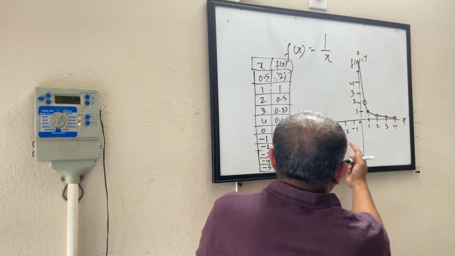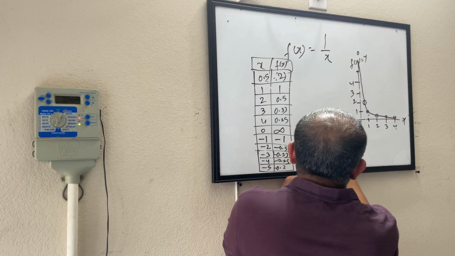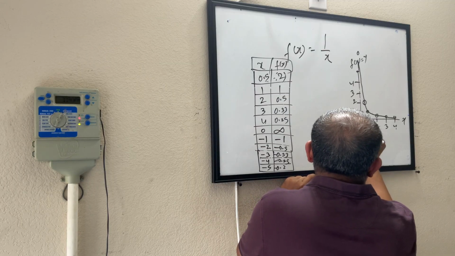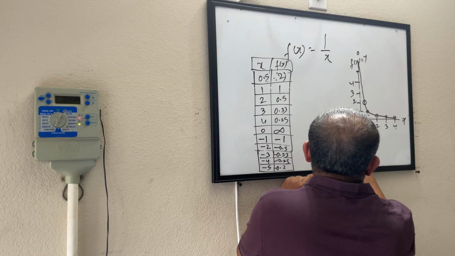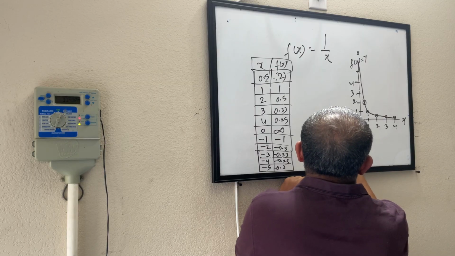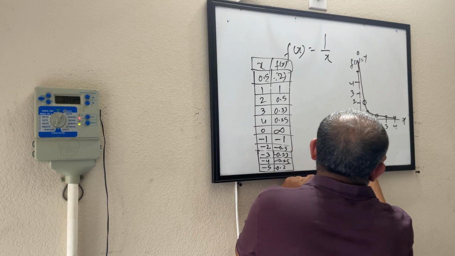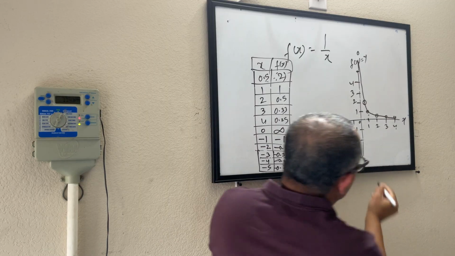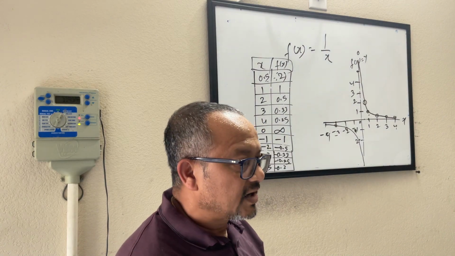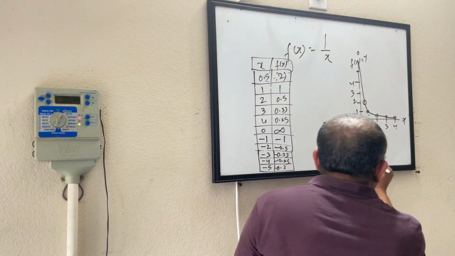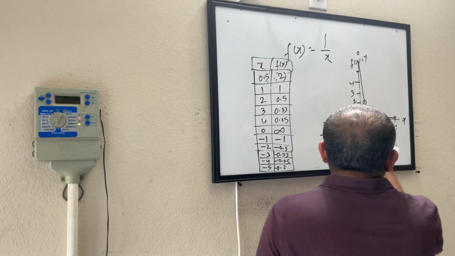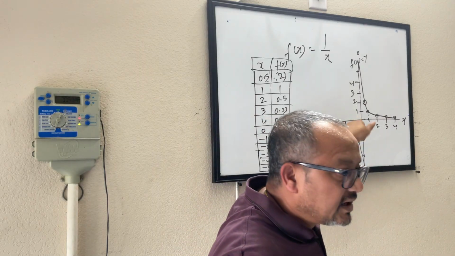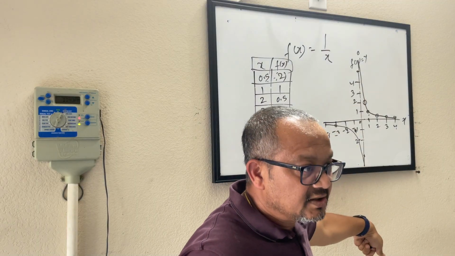Now look at the negative side of it. Same thing, you will see -1, 1, 2, here, here, and you will see an exact reflection of this thing. What you're seeing is, when you're approaching x from the left, it's going towards negative infinity.